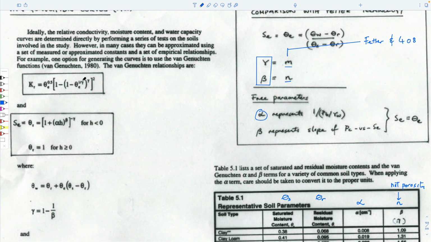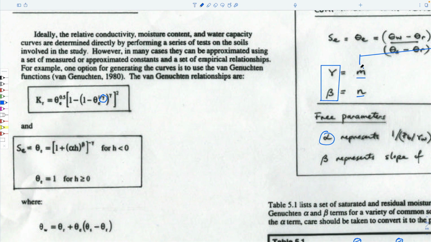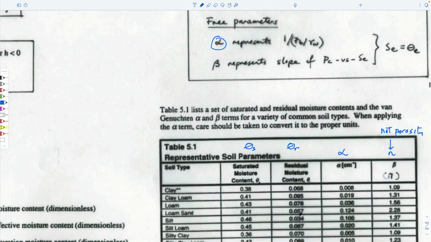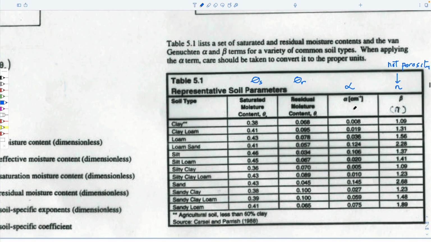So this gamma, if you like, is equal to our m. This beta is equal to our n. And this alpha is equal to our alpha. And the reason for switching those terminologies is just that this table of empirical coefficients uses those.